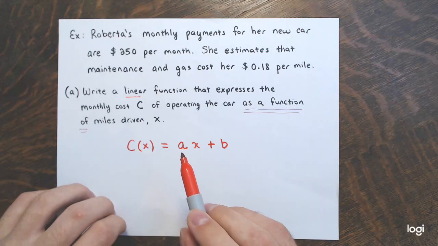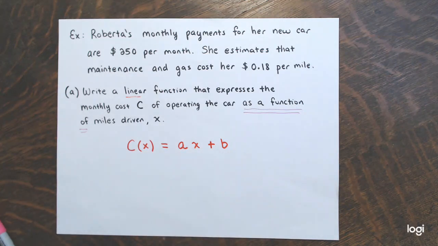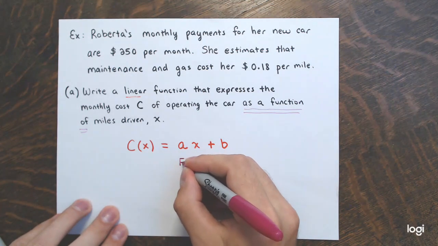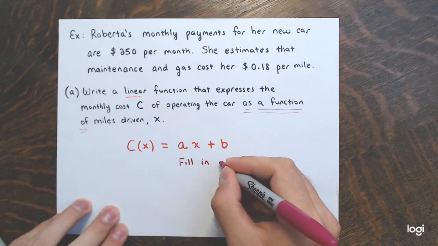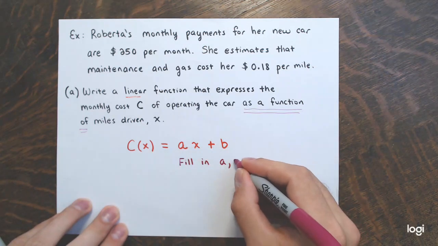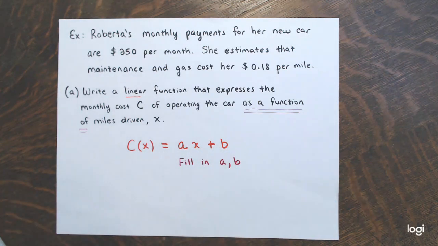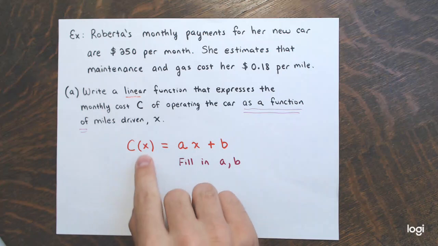I need to fill in that lowercase a and lowercase b. And again, this is the cost of 1 month's driving, right? And driving x miles.